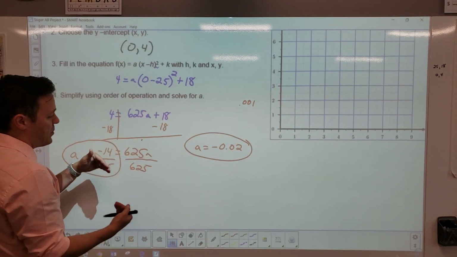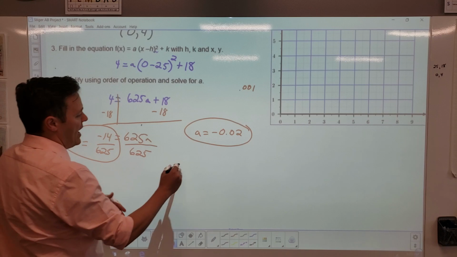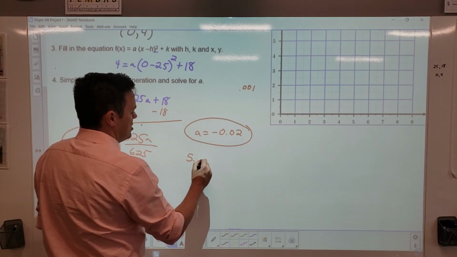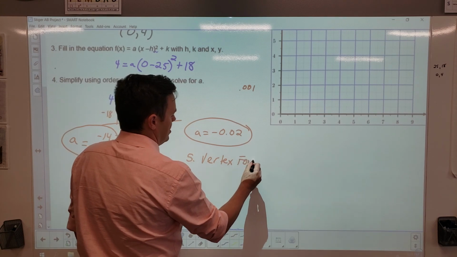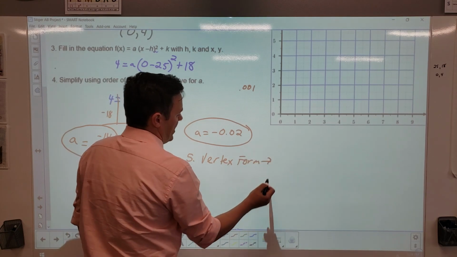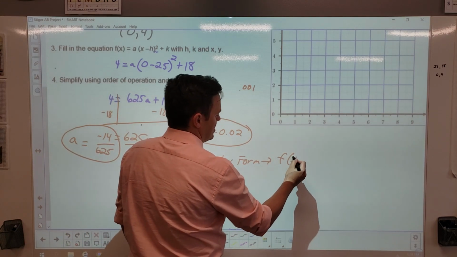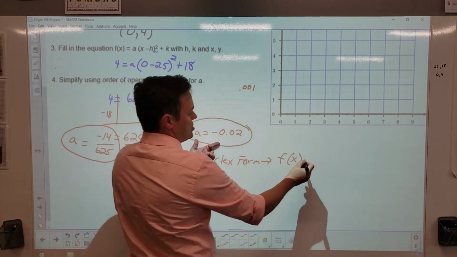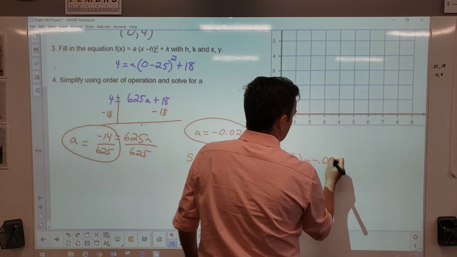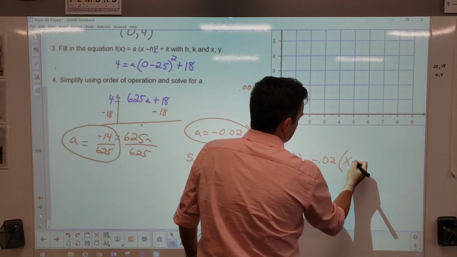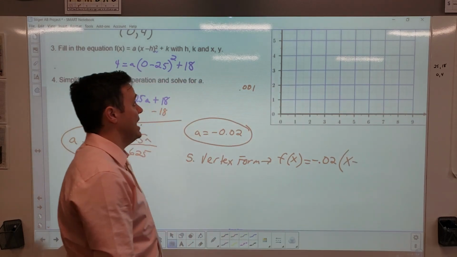So on the paper that you're going to get, it says step 5 is write the vertex form of the equation. It is as follows: f of x equals your a value, which in this case is negative 0.02, and then it's x minus, that's the way it always is, h.